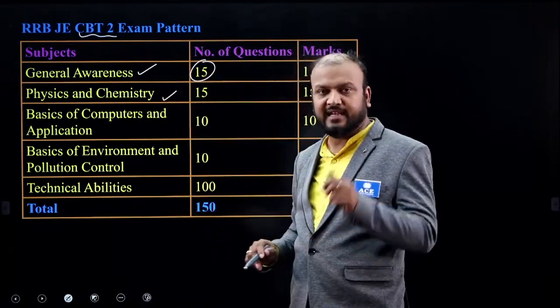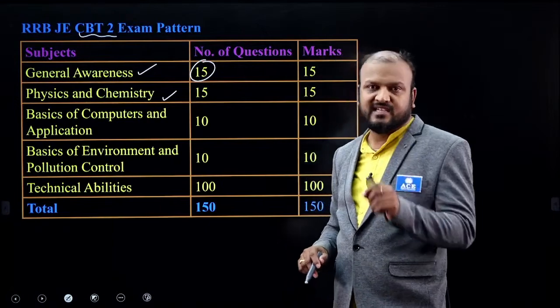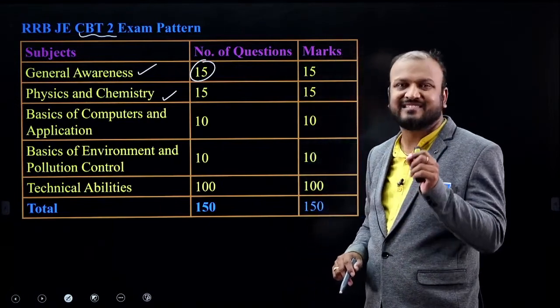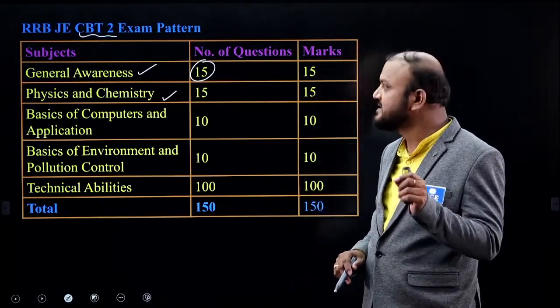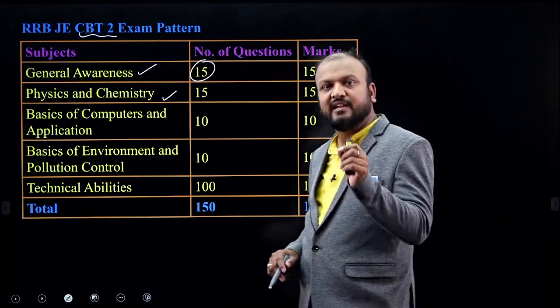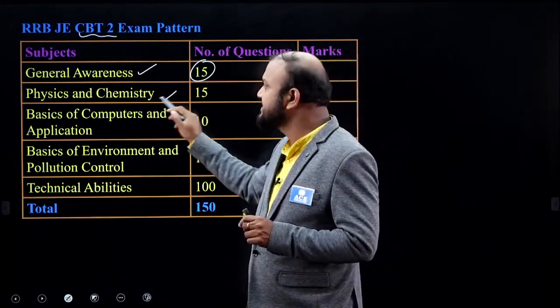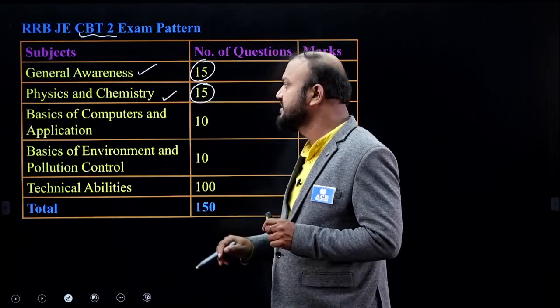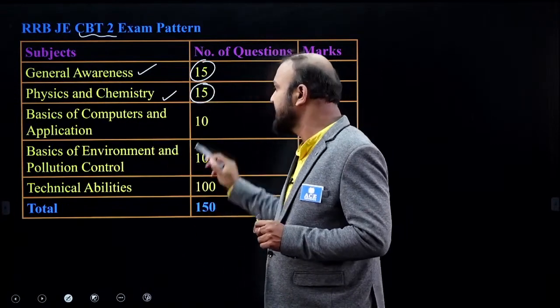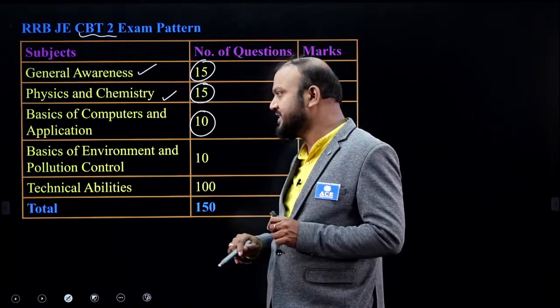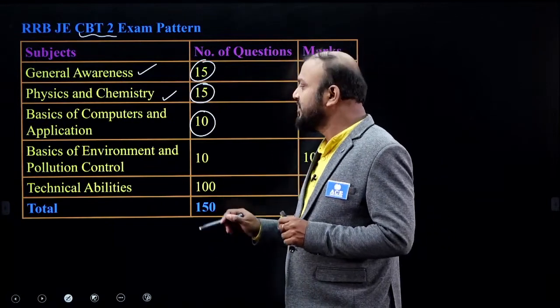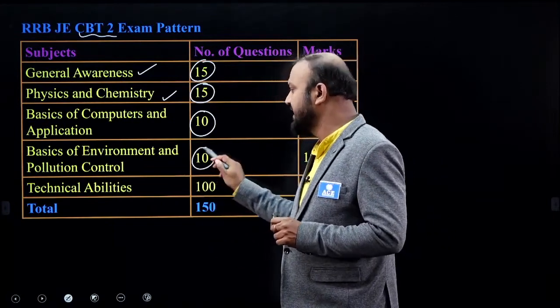Physics and chemistry, again the CBSE 9th and 10th standard science, that is physical science, biology and chemistry, 15 questions. Basics of computers and applications will have 10 questions. And basics of environment and pollution control, 10 marks.